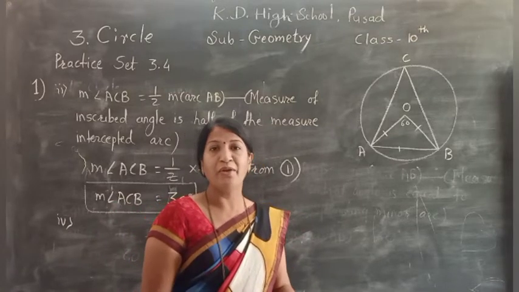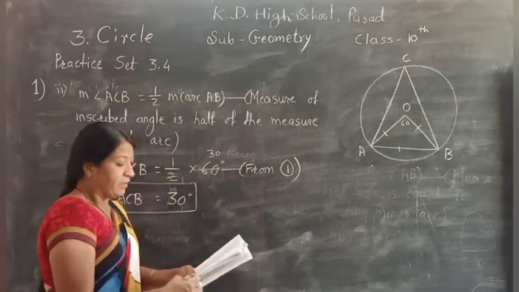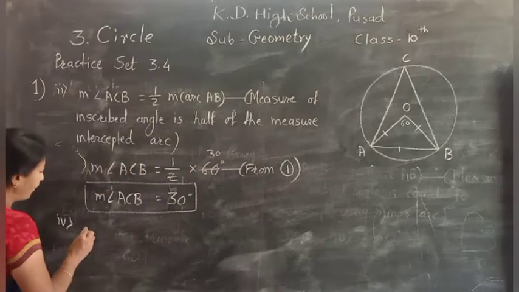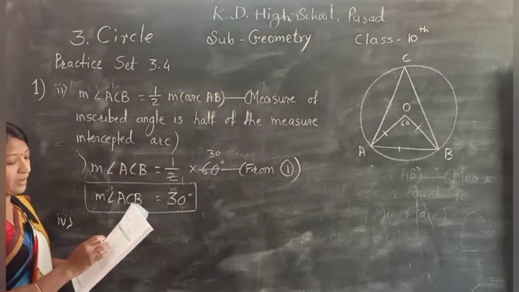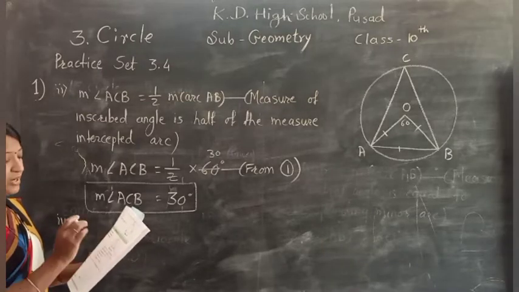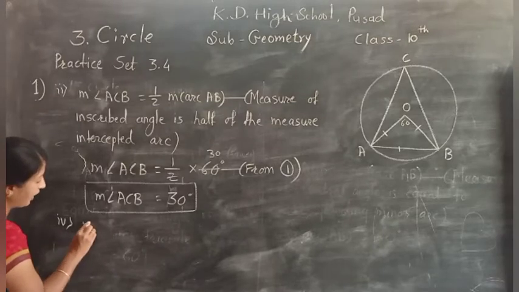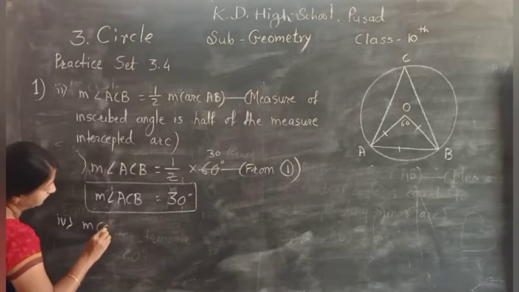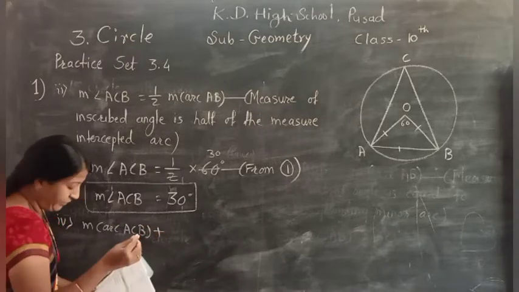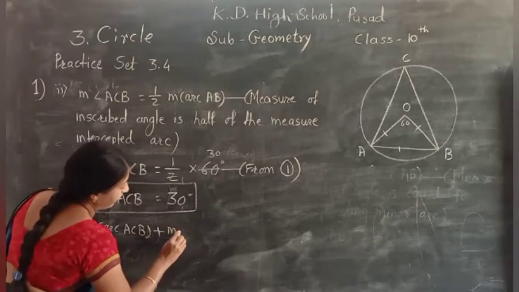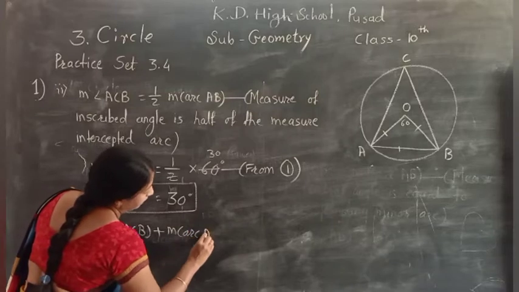This is the formula we can use here. Or you can use the arc addition postulate. Measure arc ACB plus measure arc AB.